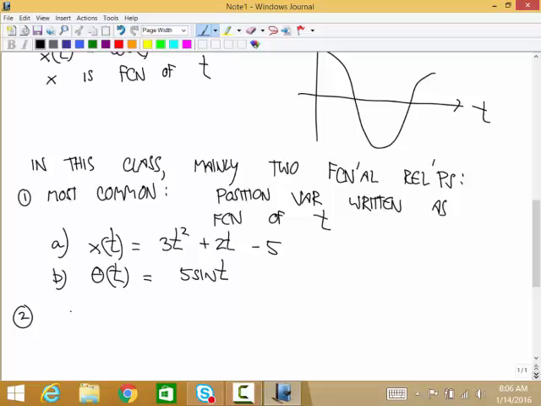Less common, but the second most important relationship we're going to have is some kind of velocity variable written as a function of some kind of position quantity.